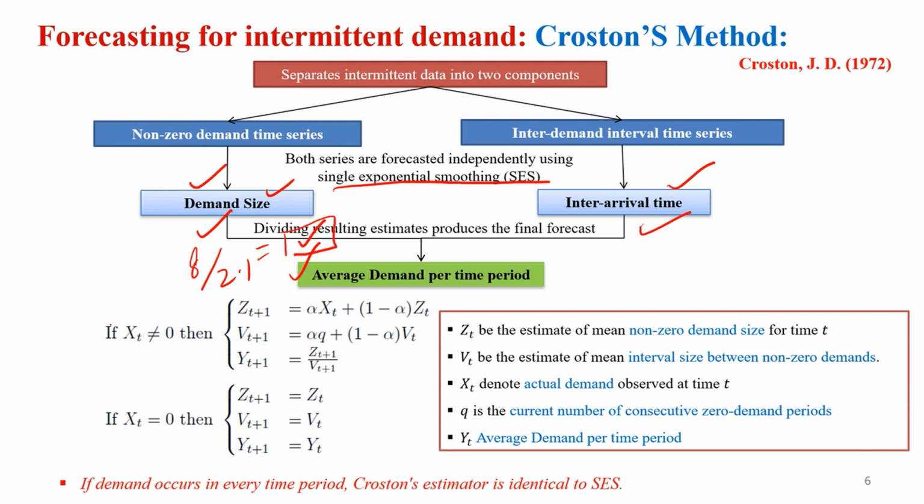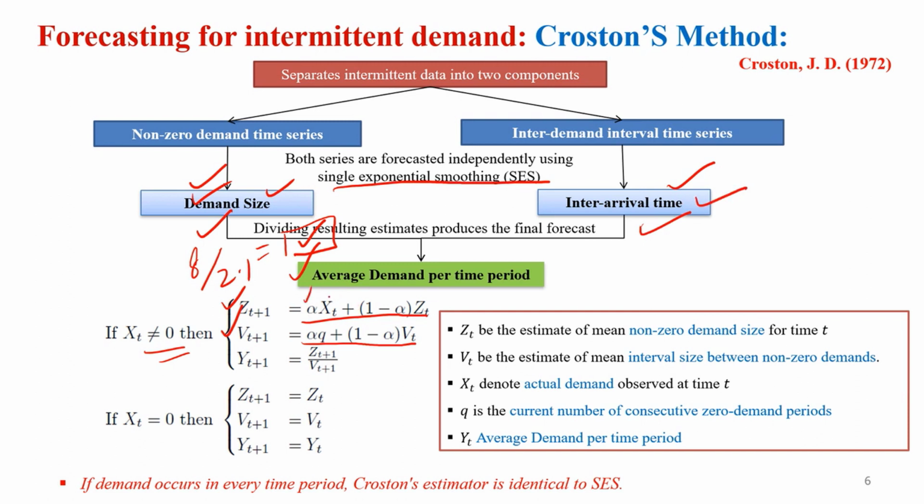So if we have non-zero demand, then we can again use the simple exponential smoothing method; this is basically for the demand size, and this is for the inter-arrival time series. So you can see that we have the formula of the simple exponential smoothing.